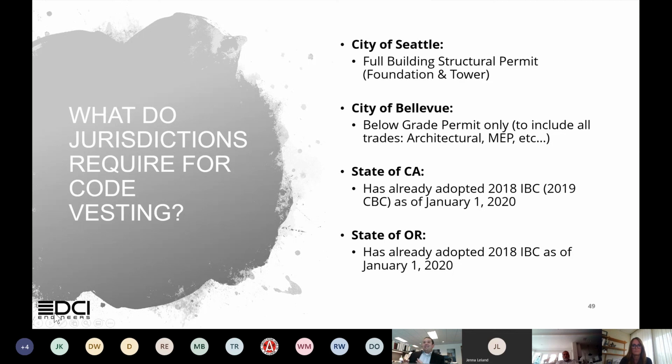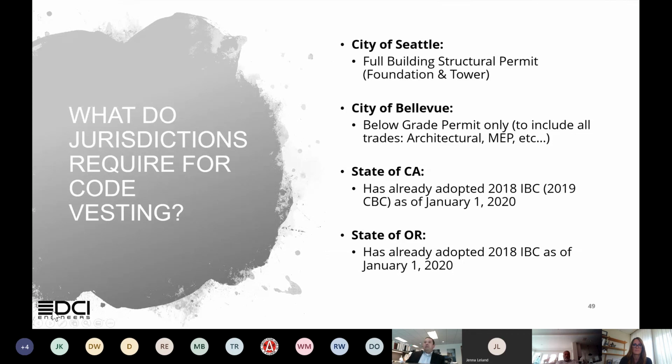City of Bellevue is slightly different in that they are requiring only a below grade permit, but this has to include all of the associated trades, including mechanical, architectural, all the trades by February 1. The tower can be submitted at a later date. However, the up to grade and below foundation portions have to be fully submitted.